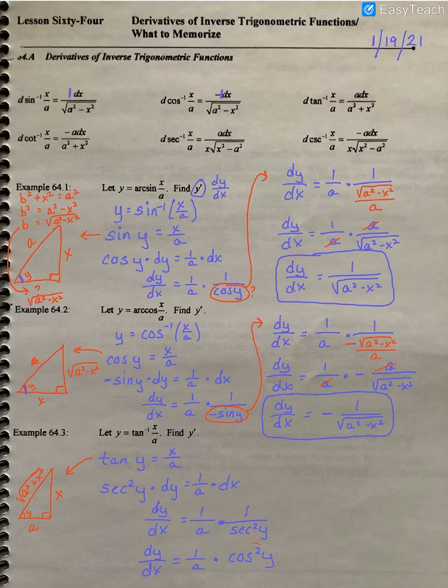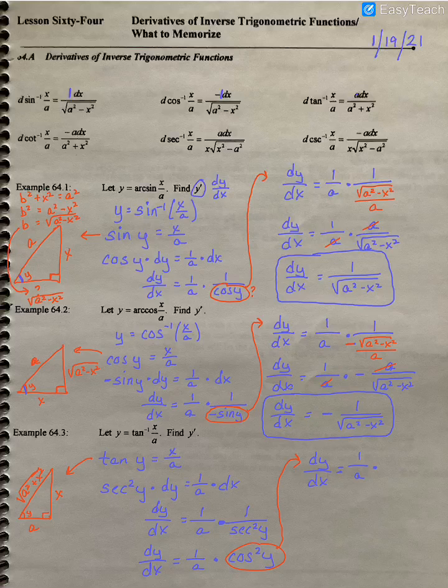Now, of course, it's still in terms of y, which is a problem. And so we're going to continue over here and substitute in appropriate values. So dy dx is equal to 1 over a times cosine squared y.